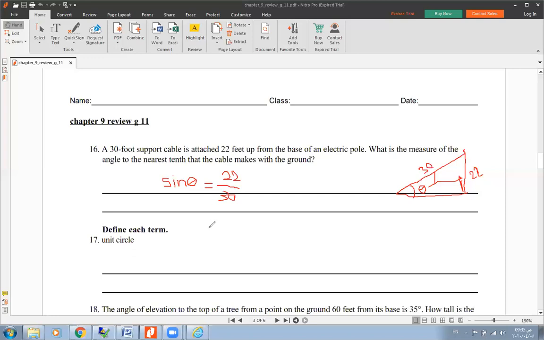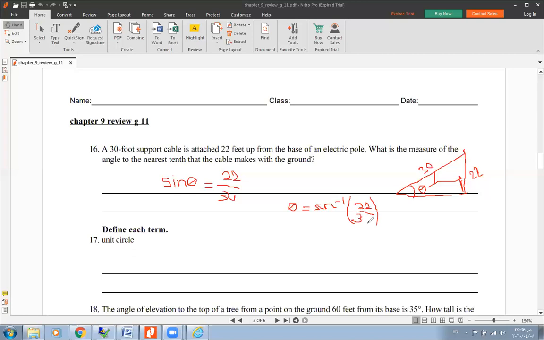So theta will be shift sine, or sine inverse, of the fraction 22 over 30.